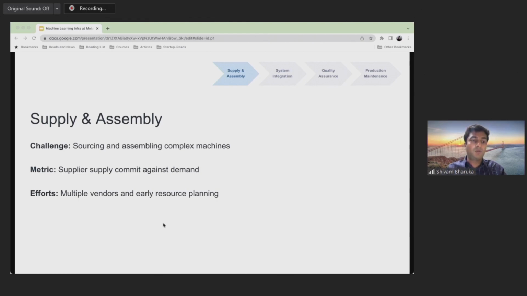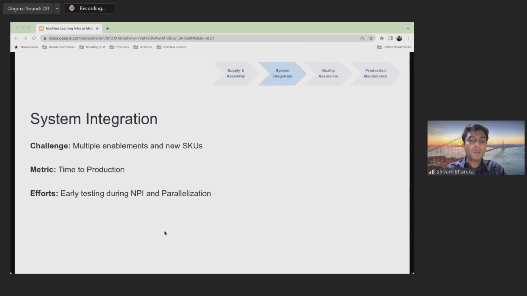Apart from looking at this metric, the step we have taken to de-risk this part of the life cycle is we have contracted with multiple vendors, and we perform resource planning much in advance. We plan for the next year and even more, such that we can ensure that the supply and assembly is not our biggest constraint.